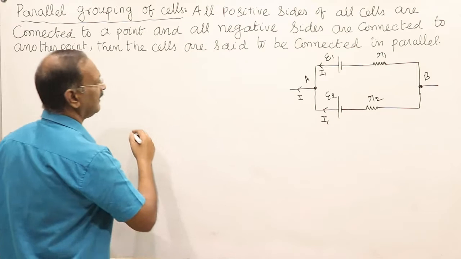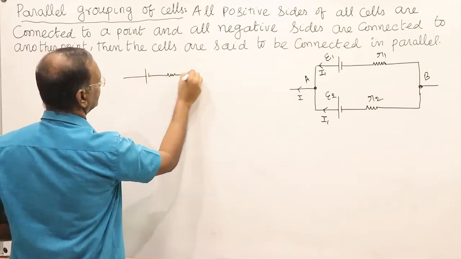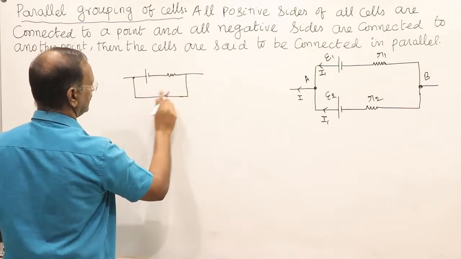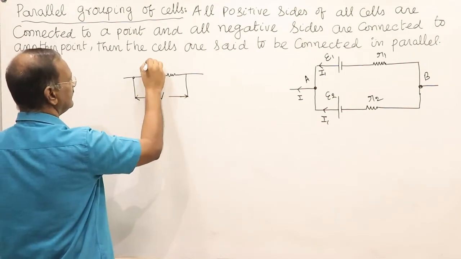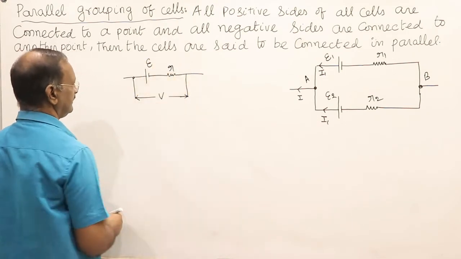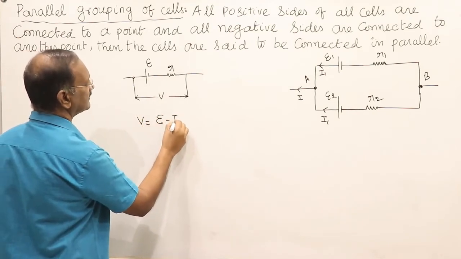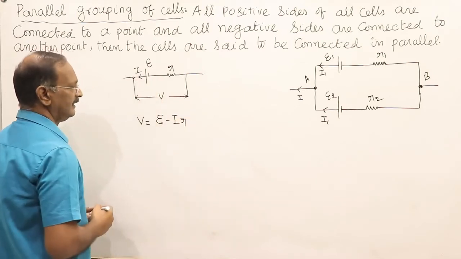Battery 1 will have a terminal potential difference. Already we have seen the terminal potential difference V, where E is the EMF and r is the internal resistance. Terminal potential is equal to total EMF minus the current flowing through it into the internal resistance.